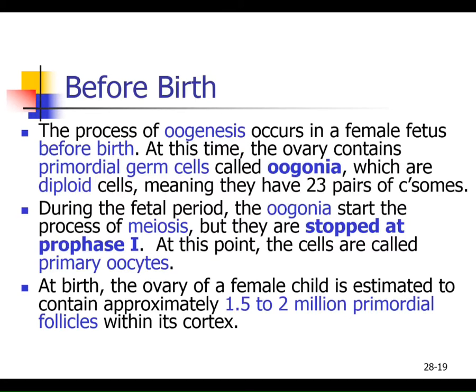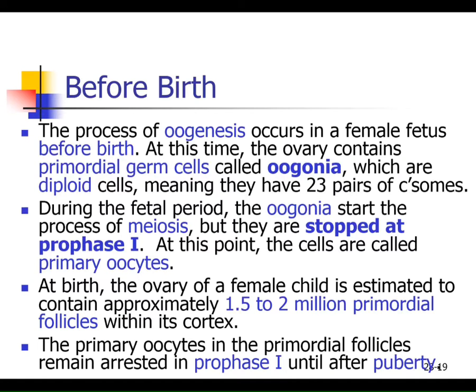The thing is that that number continues to drop. Although there may be 1.5 to 2 million at birth, by the time the person gets to puberty, the number drops, and then it continues to drop throughout the lifespan until menopause, when basically there are no eggs left. How many eggs will a woman actually release through ovulation in her lifetime?